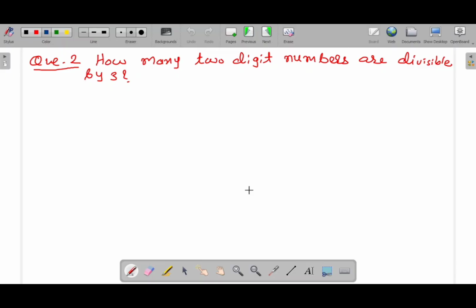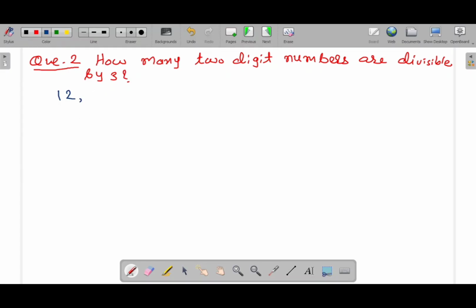So we need to note down two-digit numbers. Two-digit numbers start from 10. So tell me whether 10 is divisible by 3? No. Is 11 divisible by 3? No. 12? Yes. The first term which we find divisible by 3 is 12.